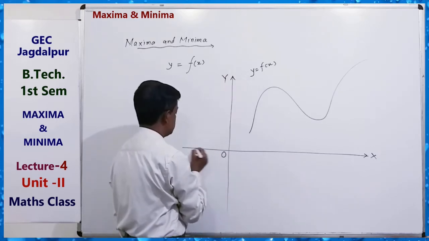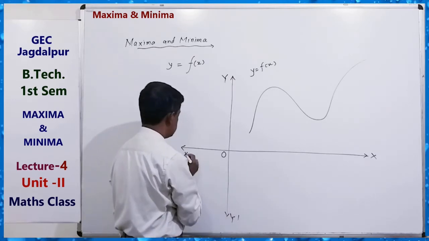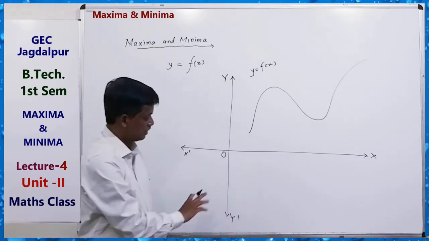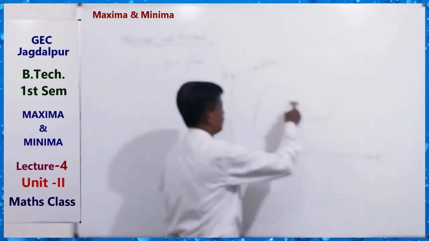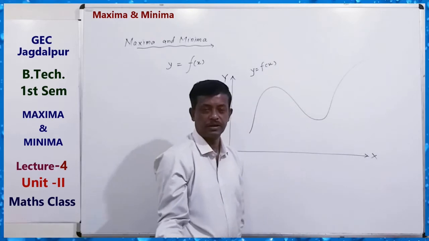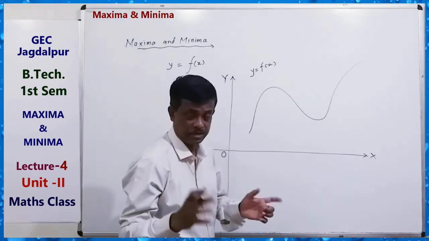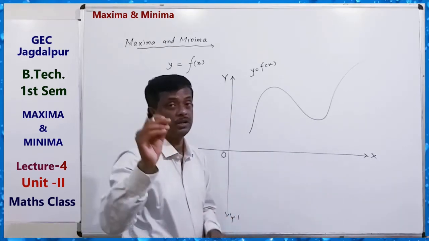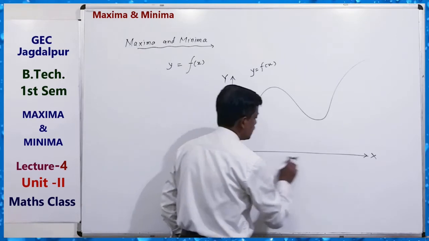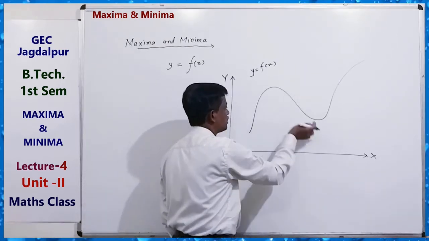This is the origin, x-axis, this is the y-axis, with the negative side here. Now the graph of the function is maybe like this. Here we can see the locality of a point, meaning x in this direction.